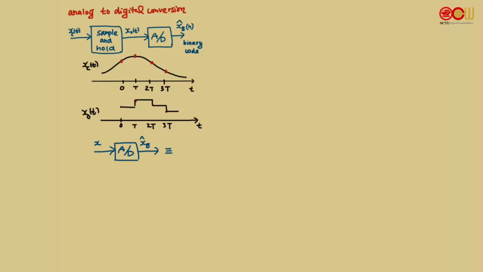Then this A to D can be considered as two parts. First, it's a quantizer Q. That's what we call a quantizer. And the second part is a coder.